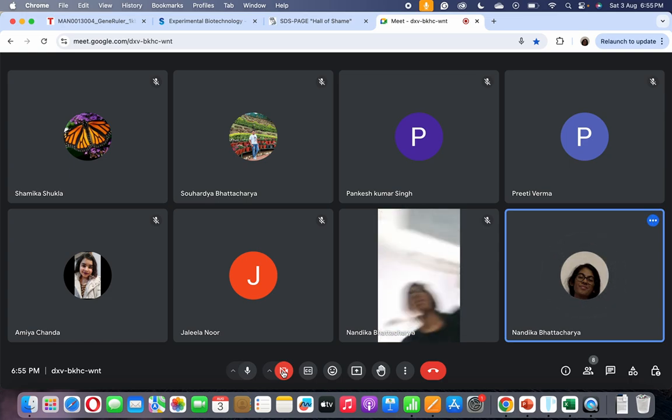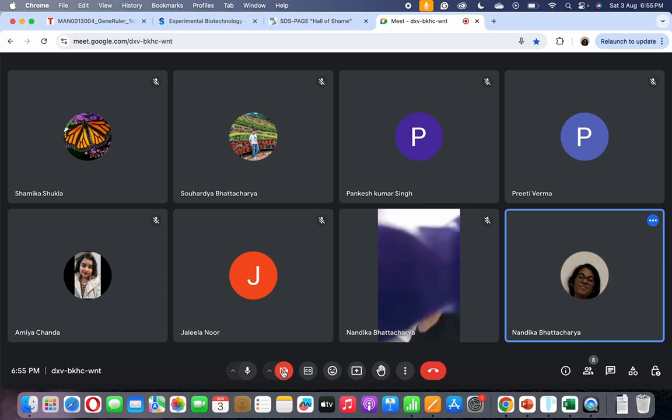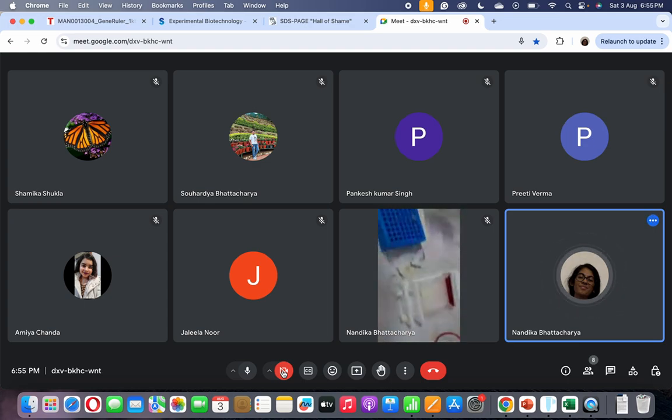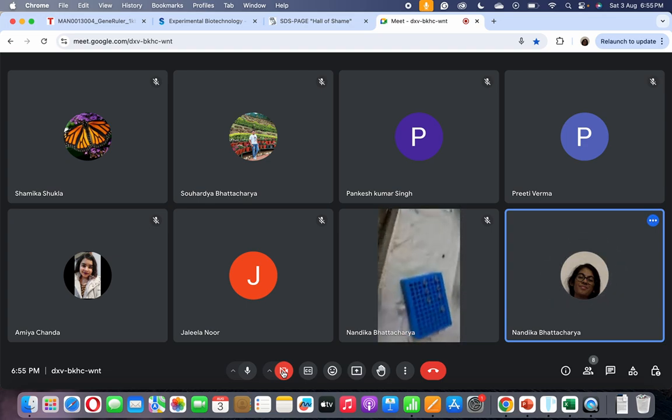Gloves. We'll now go to the gel area where there is an agarose gel already cast. And what we'll do is prepare the samples for loading.